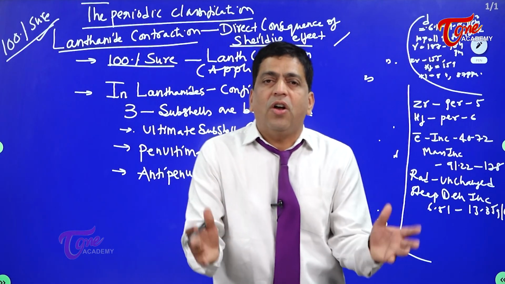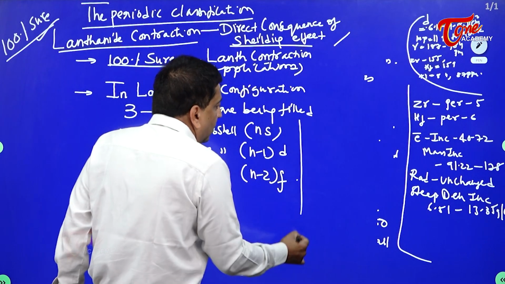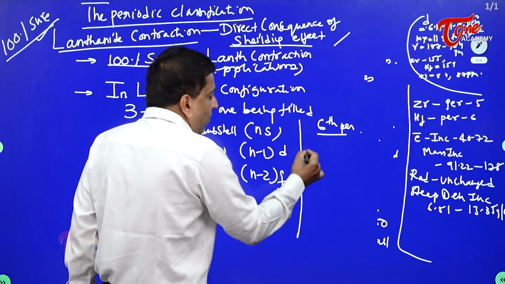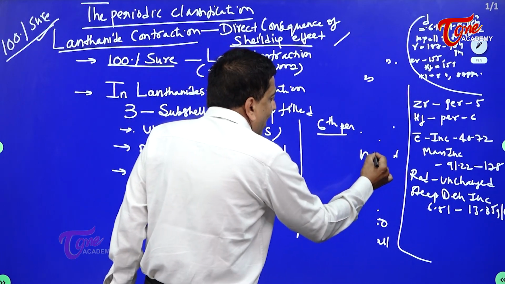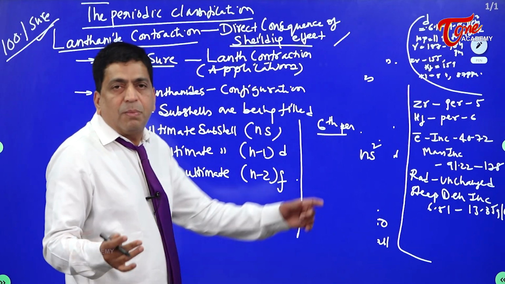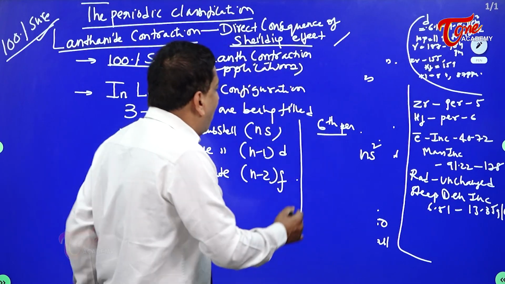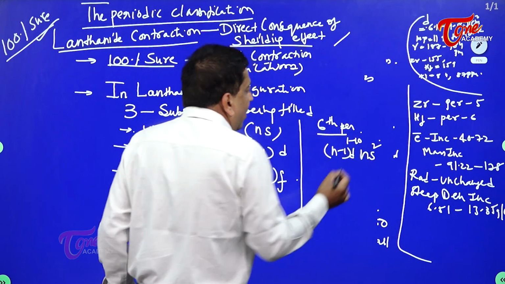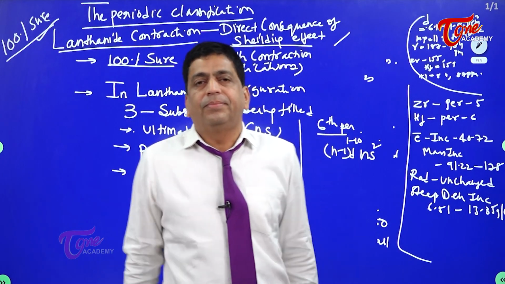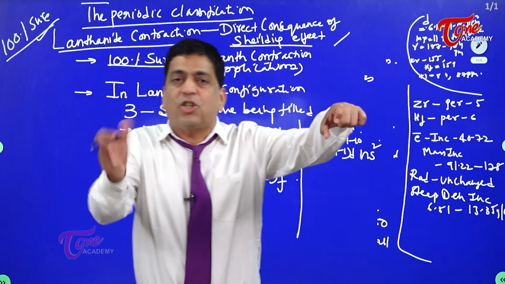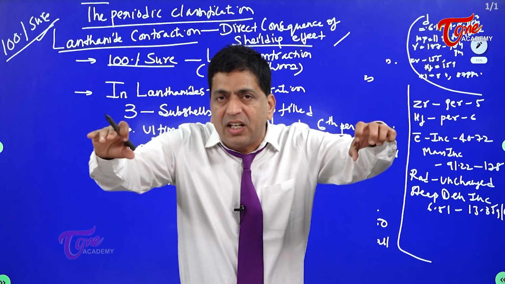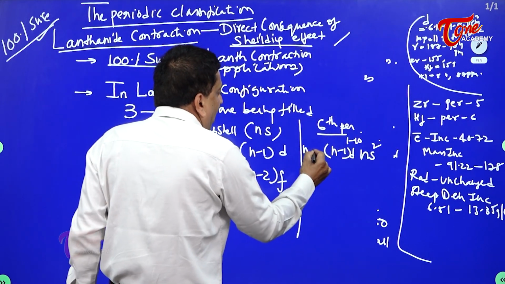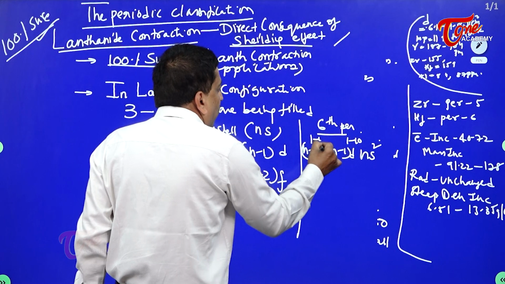So the general configuration, since it belongs to the 6th period, would be NS2. The 6th period S block is filled, and then N minus 1D, 1 to 10, that is also filled, that is 57, and next comes 72, 73, 74, that is filled. And now this anti-penultimate, that is N minus 2F, 1 to 14.